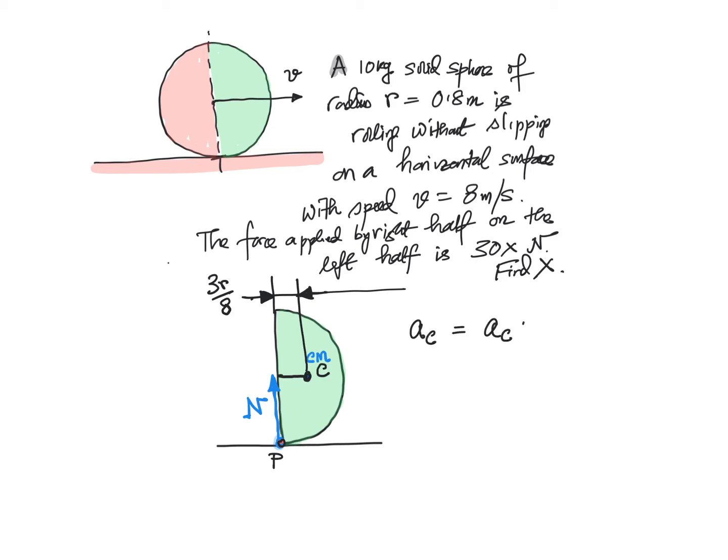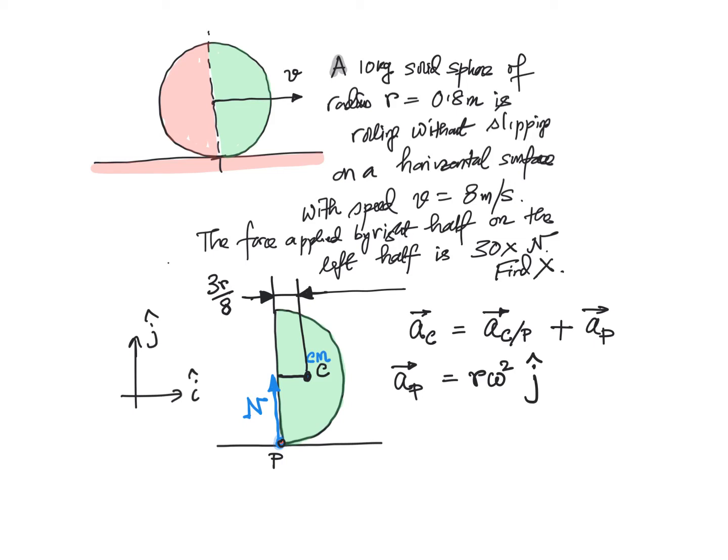Acceleration of C is acceleration of C as seen from P plus acceleration of P. Now this is the x-axis, so i cap and j cap. Acceleration of P is r omega squared times j cap, that we all know.